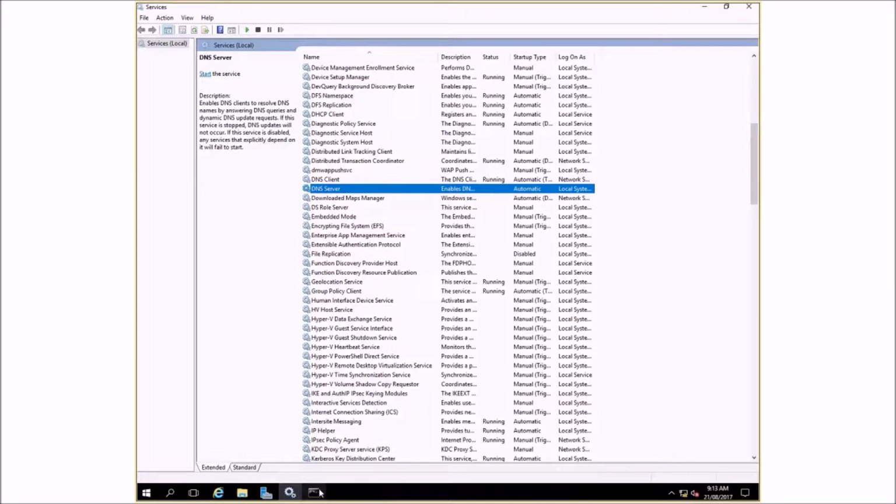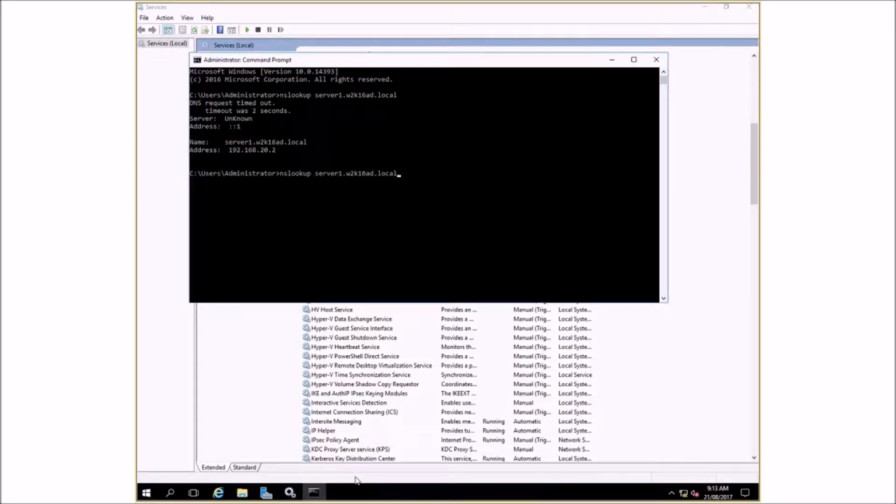So if I go back to that command prompt and I press up and I ask the same exact question, guys, I asked the same exact question, but this time it doesn't give me an answer. It doesn't give me an answer because the service that's actually responsible for answering that question is off.